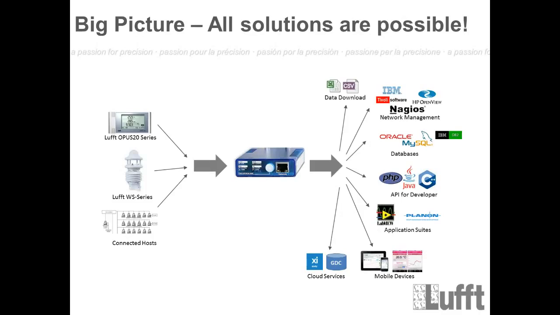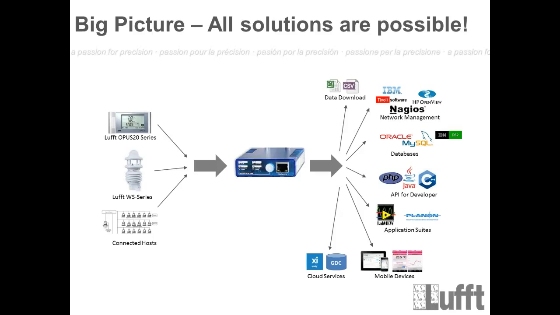On the right side you will see all the apps. That means what can be done with the values which come from the left side, and where can we send these values, or how can we convert these values. You see that we can convert them to special data download formats.